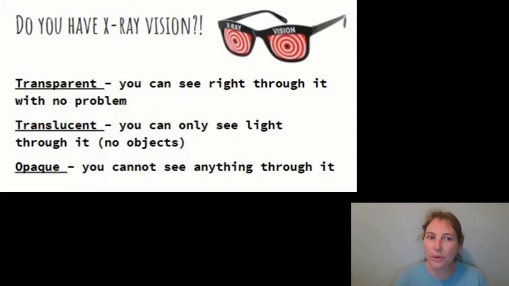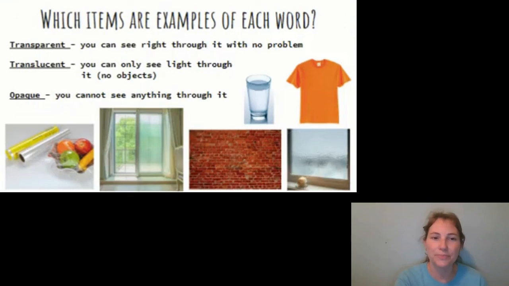So let's look at a few other examples of these and see if you can identify which one is which. Looking at those different pictures, which ones are transparent? Go ahead and point to the ones that are transparent. So hopefully you said the clear plastic wrap that you can put to cover food.